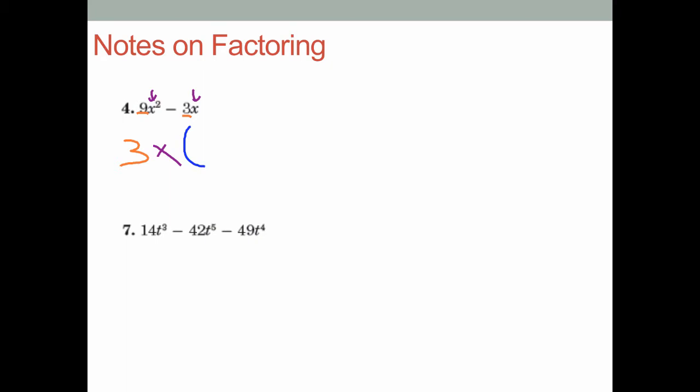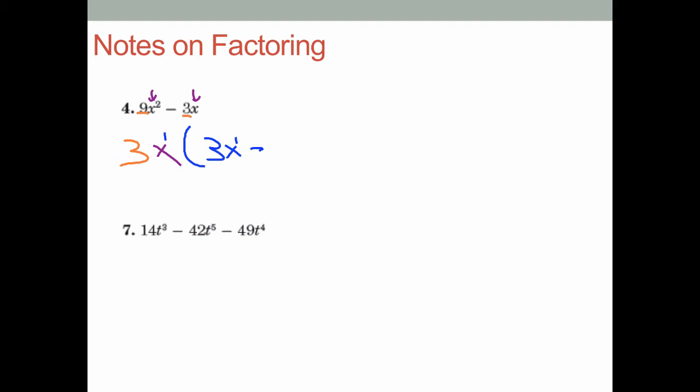If I take 9 divided by 3, I would get 3. I pulled out one x, so I'm left with x in there, because there's 2 here, and I pulled out 1, so there's only 1 left over. Now I'm left with the minus.